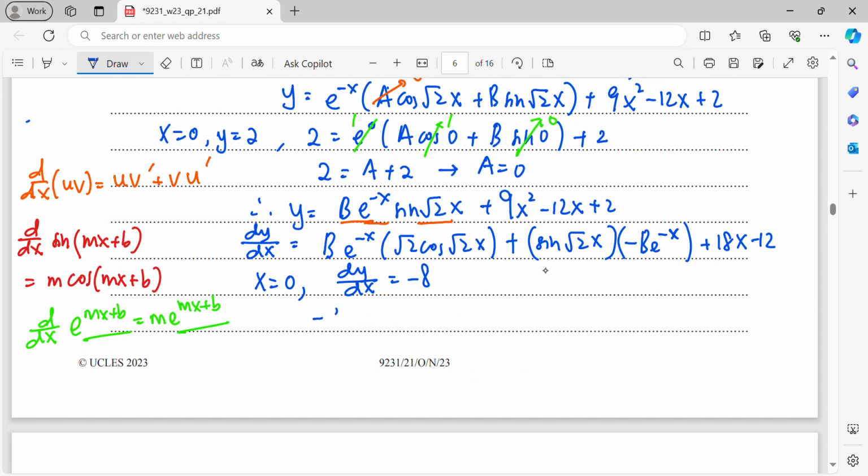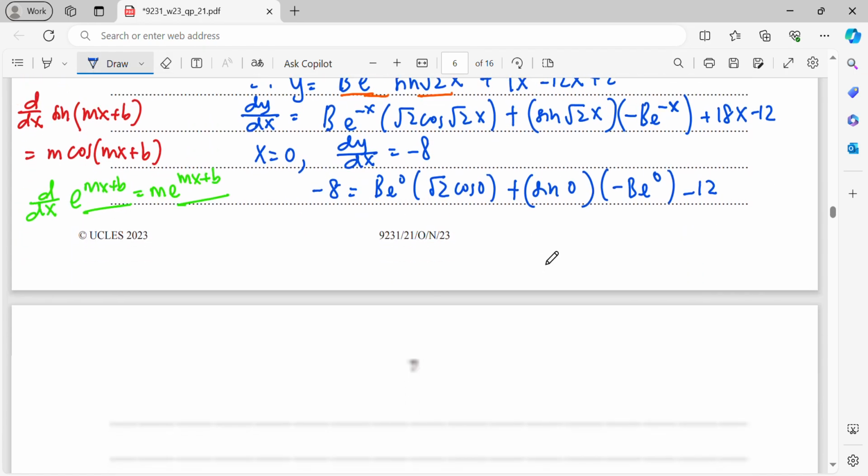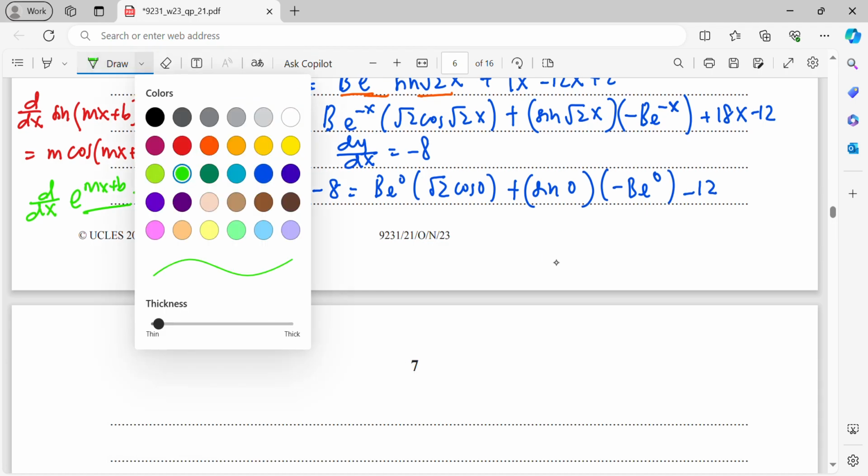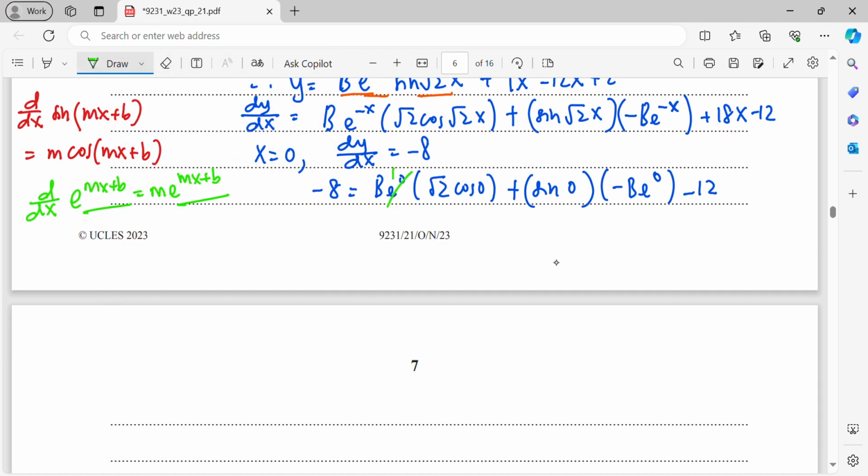I will get minus 8 equals b e to the 0 square root 2 cos 0 plus sine 0 multiplied with minus b e to the 0, then plus 18 times 0 is 18, no need to write, therefore minus 12. Now again e to the 0 is 1, and sine 0 is 0. That means this whole term will be 0.